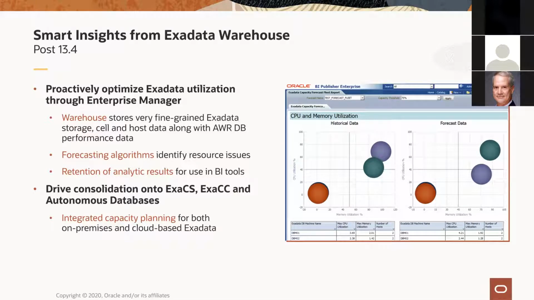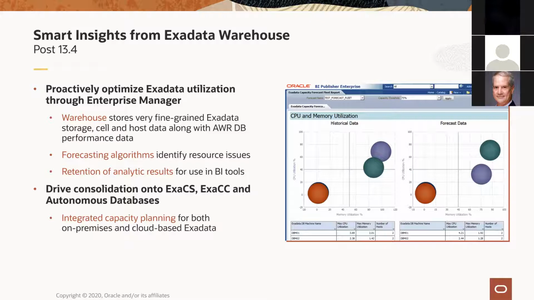First of all, if you are already on Exadata and you see that your Exadata is growing and you know that soon you're going to be out of capacity, this is something that we can help you identify, certainly with the Exadata Warehouse, where we use the historical information to know about the usage from the past, and by predicting and using algorithms to identify which machine is going to be out of capacity and when.